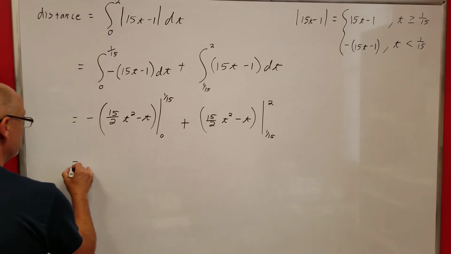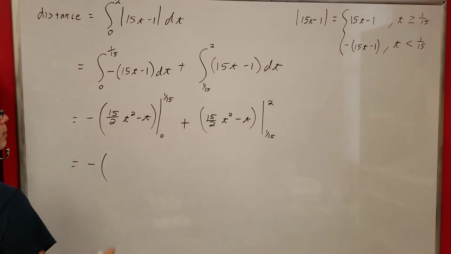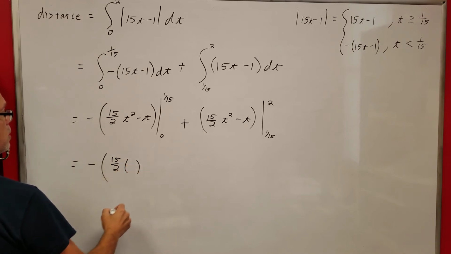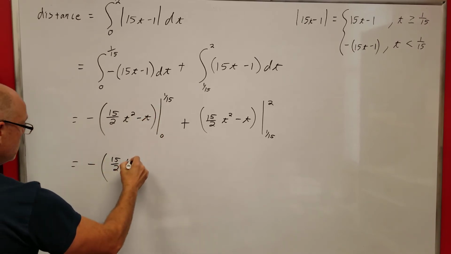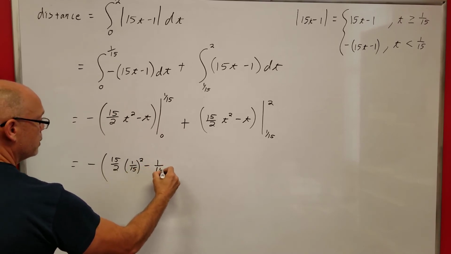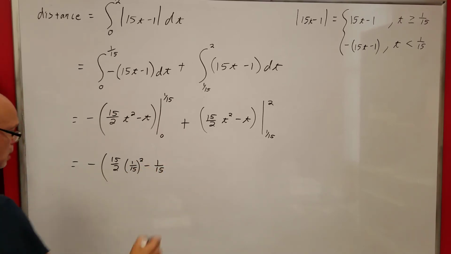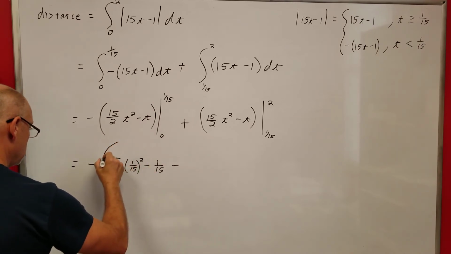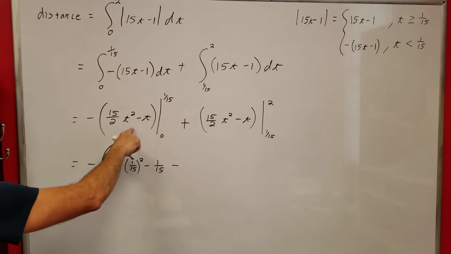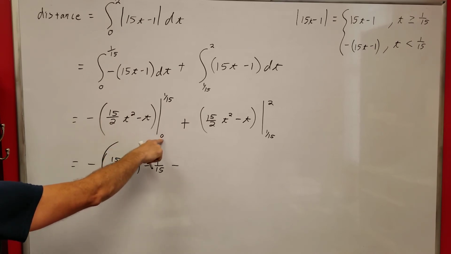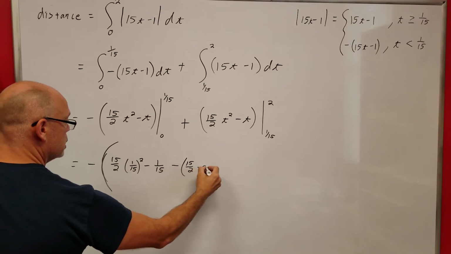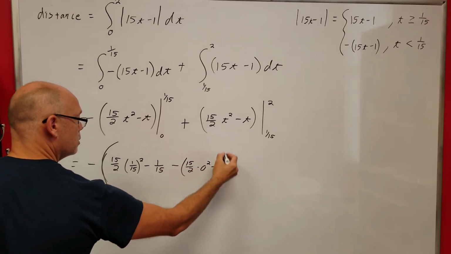Now let's evaluate this stuff. This is a negative sign. 15 halves. Instead of times t squared, what am I going to say? Times 1/15 squared minus 1/15, minus, make this larger then, minus this antiderivative evaluated where? At 0. Minus 15 halves times 0 squared minus 0.